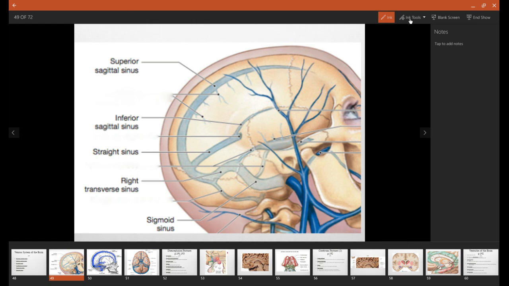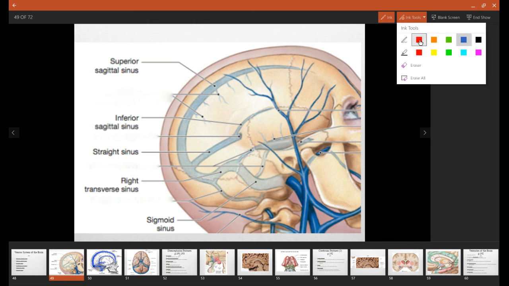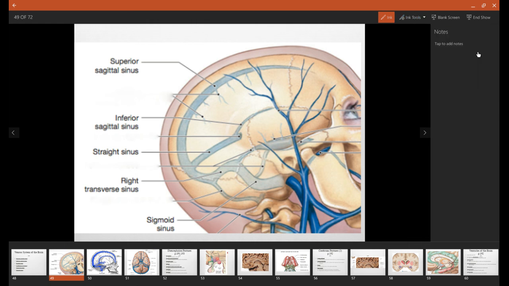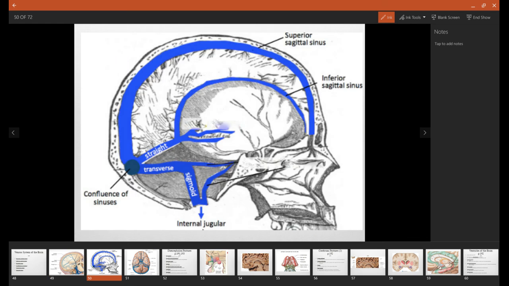And then they're all going to meet up at that central location right here, which is called the confluence of sinuses, and we'll see a better picture of that here in just a moment. Now, coming off this confluence, we have the transverse sinus going this direction, which starts curving around. At this point, we call it the sigmoid sinus, and then it turns into the internal jugular vein.